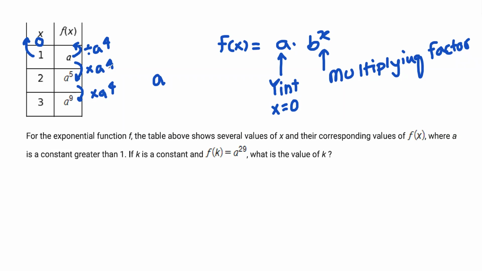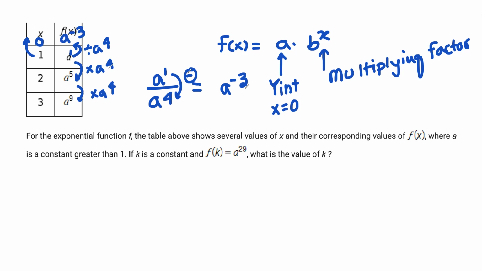We do have a, meaning a to the power 1, right? And when two exponents with the same bases are divided, we subtract the powers. So 1 minus 4 gives you -3, correct? So when x equals 0, your f(x) value will be a to the power -3.